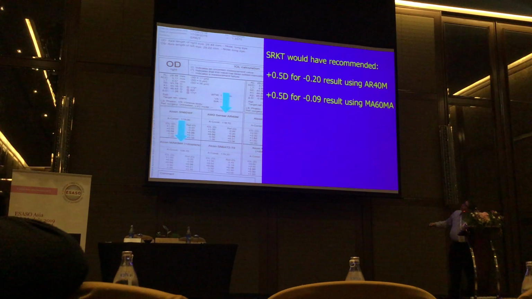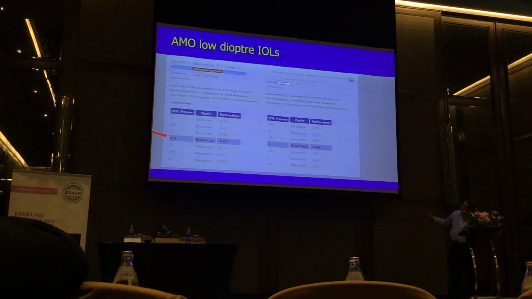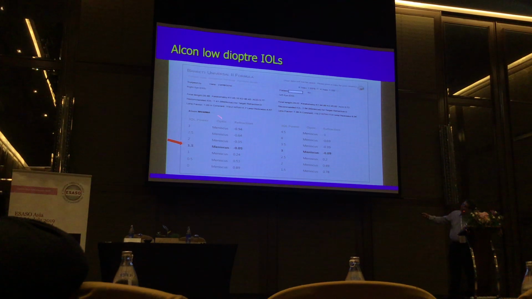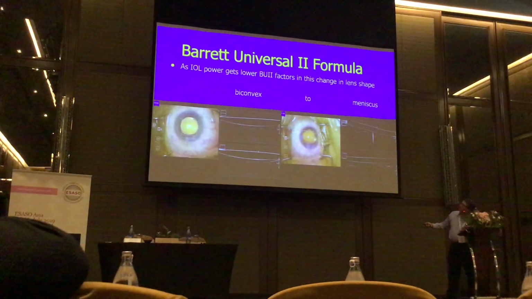But what happens if we do this with the Barrett Universal 2? You can see that the Universal 2 recommended a 1.5 for the AR40, and for the Alcon 60 is also a 1.5. So it's a 1 diopter difference. SRKT 0.5, Barrett Universal 2 1.5 diopters.